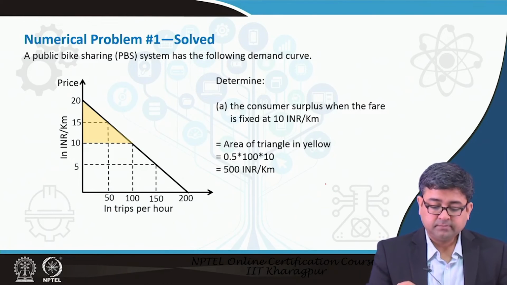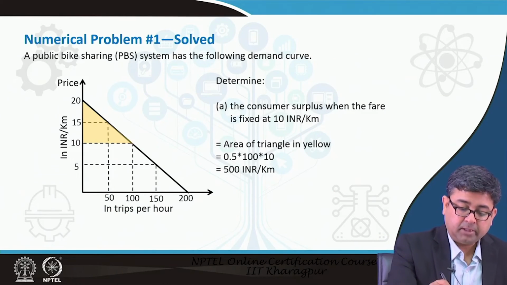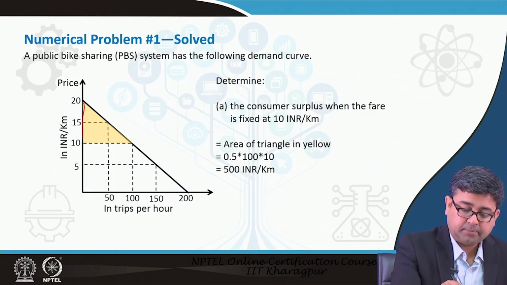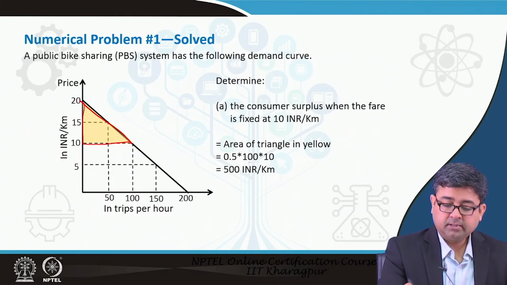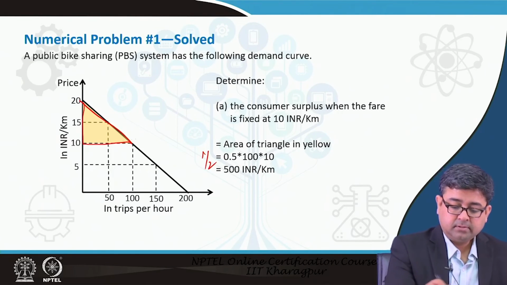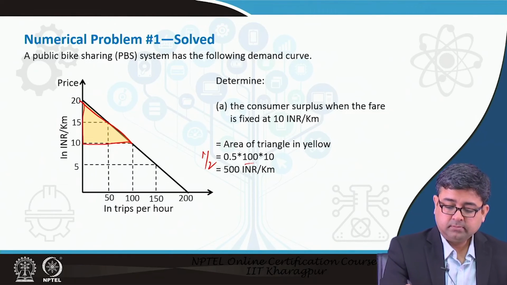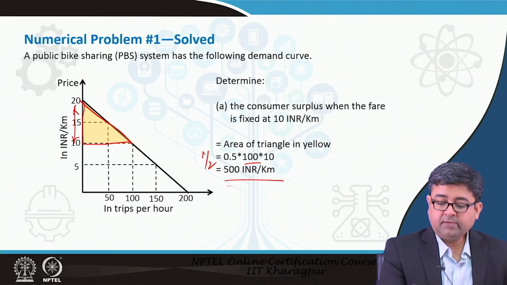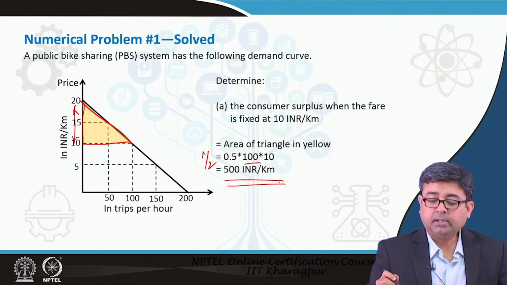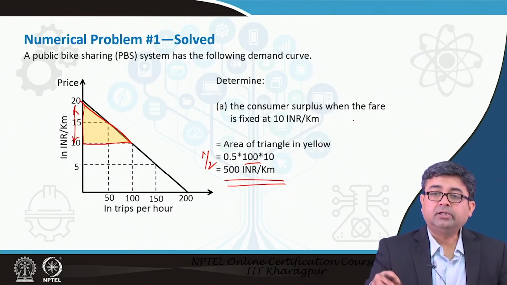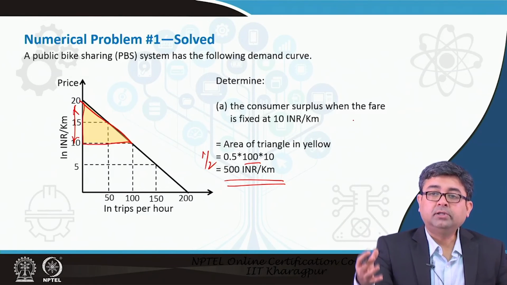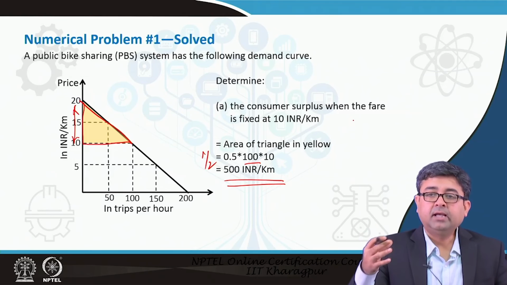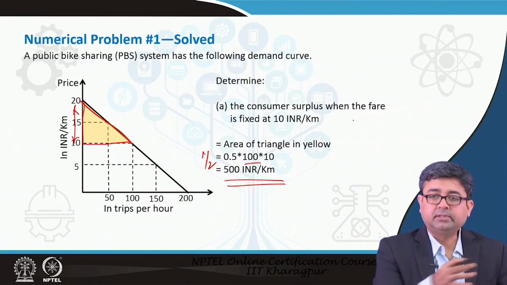rupees per kilometer. When it is 10 rupees per kilometer, we already saw that the consumer surplus is the area of that triangle. So, the area of the triangle is 0.5, as in 1 by 2, times 100 times 10. So, it is 500 rupees per kilometer that is the consumer surplus, or the economic benefit to the users as a result of using this system.